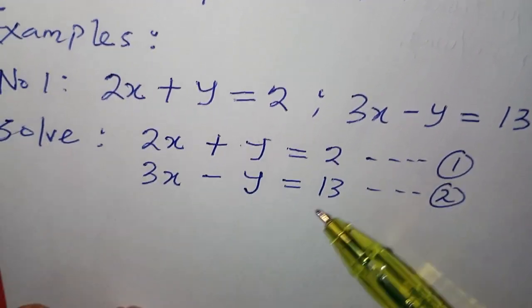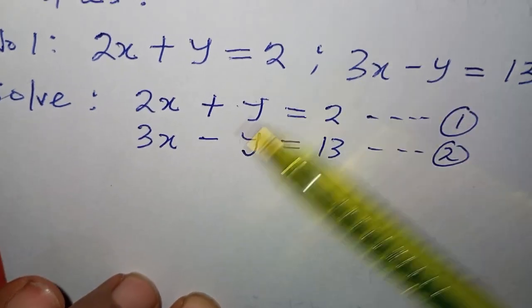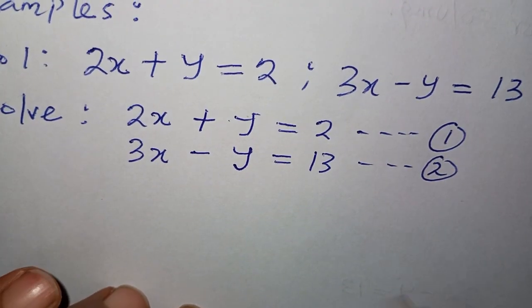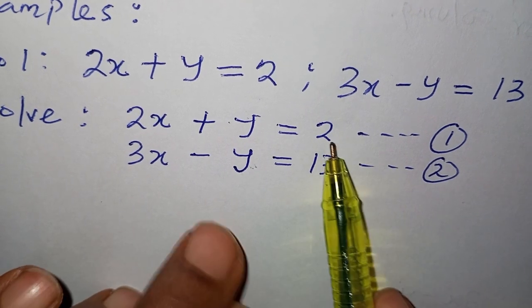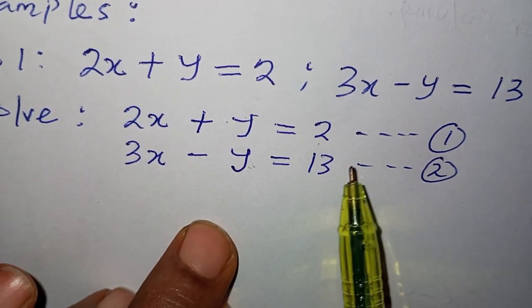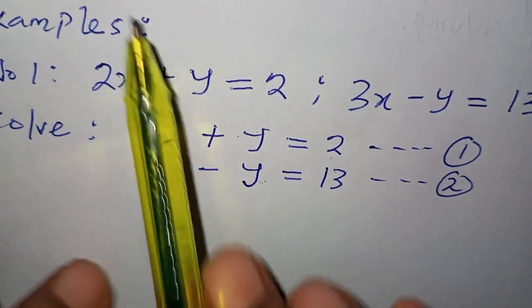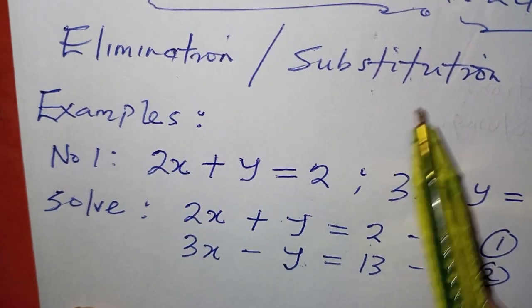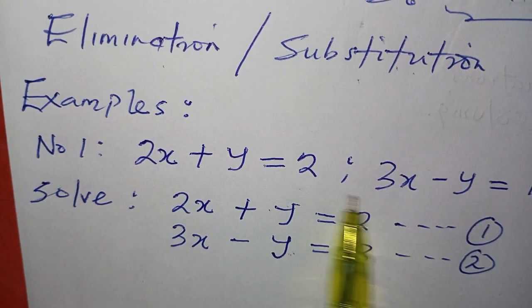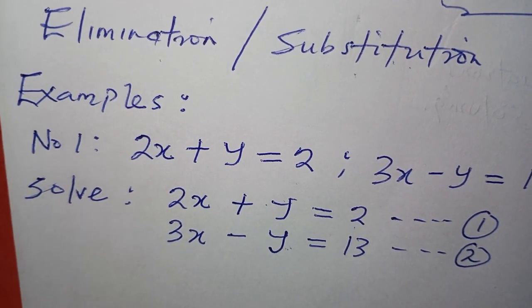On the other hand, I could also use the substitution method. Why? I can easily make this same y the subject of the equation and then solve. So I shall be taking you through both methods on this problem. So how do we solve?